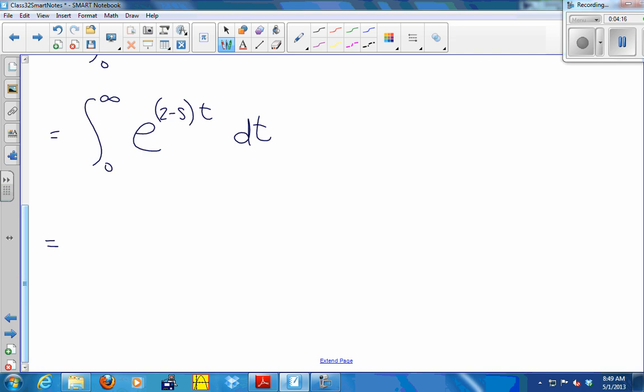It's a reverse of the chain rule. If I were to take the derivative of e to the 2 minus s t to go backwards, the chain rule would say multiply by 2 minus s. So I put a 1 over 2 minus s in front so that it'll cancel. And then evaluate that from 0 to infinity.